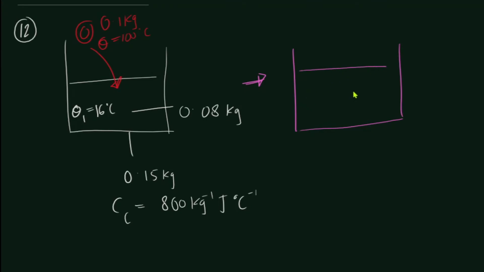Heat is going to be given by the ring, and heat is going to be absorbed by the calorimeter and the water. Finally, all three, the ring, the water column and the calorimeter, are going to reach an equilibrium temperature, and that is what we need to find.